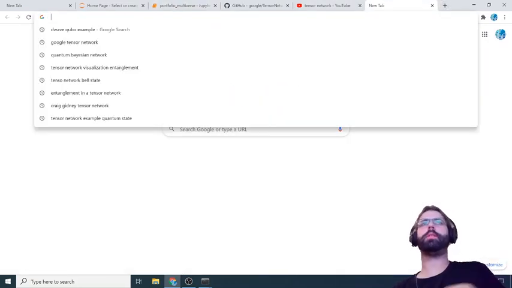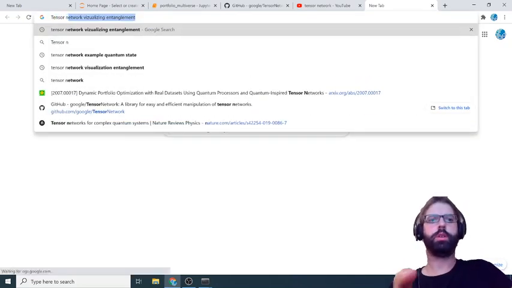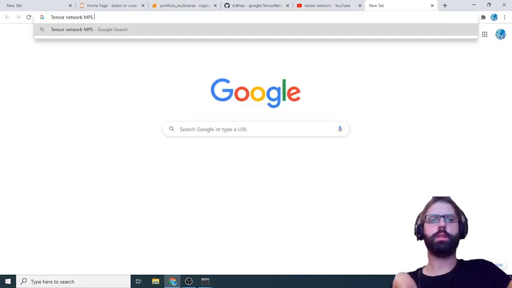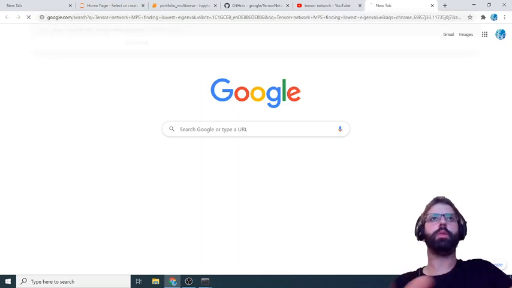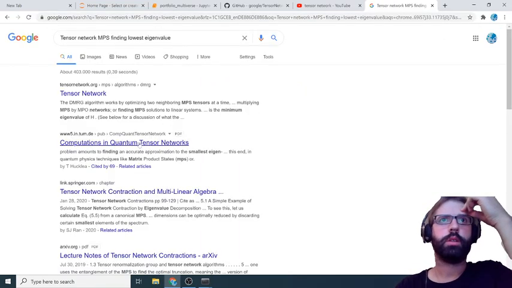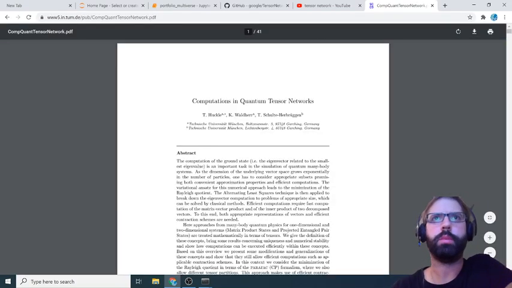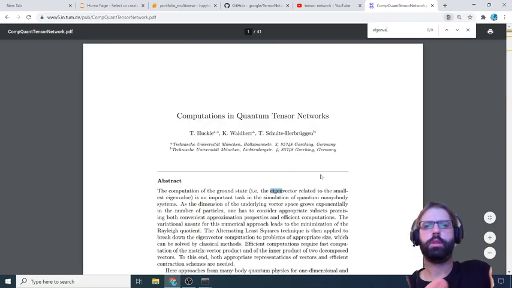And I think I keep reading the MPS all over the place. And Tensor Network, MPS, finding lowest eigenvalue. What's the method here? Look at this. So here's a PDF where they talk about these. Eigenvalue.